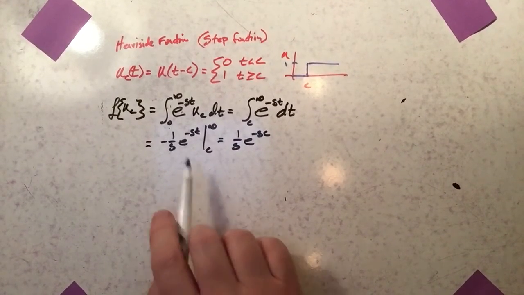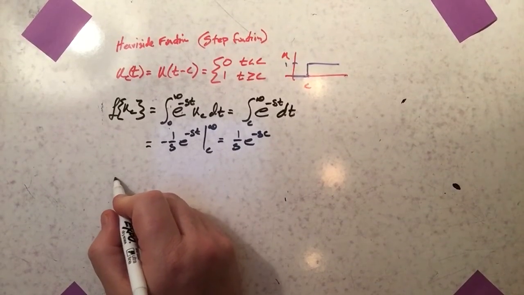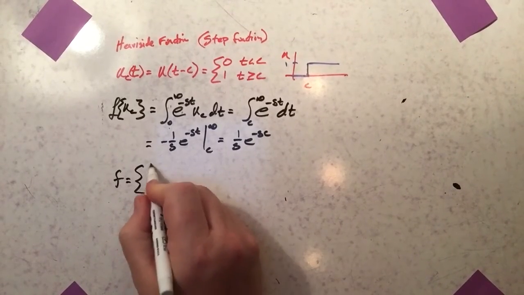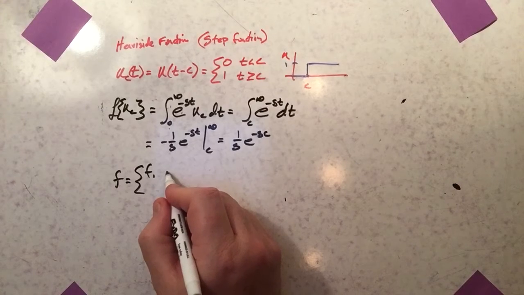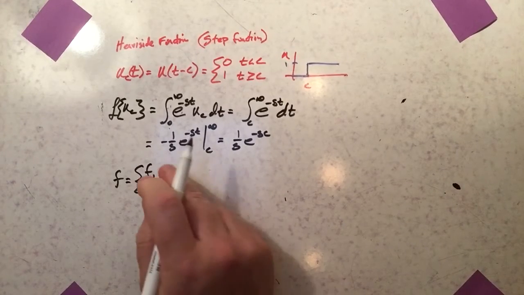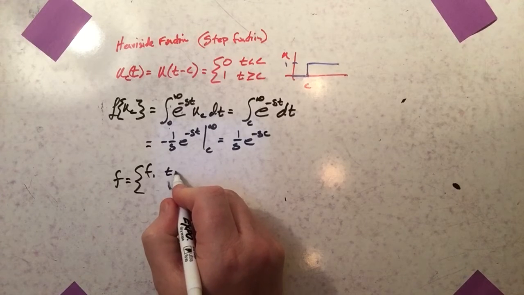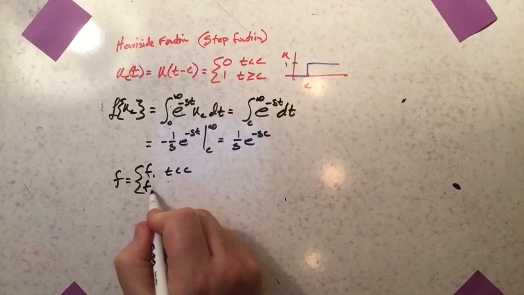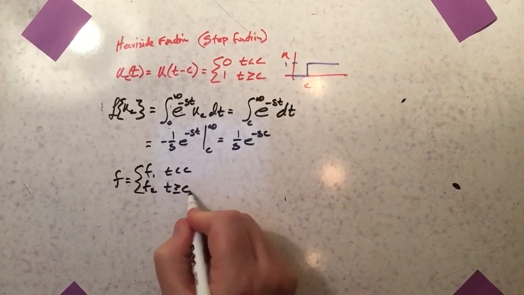Okay? The Heaviside function can be used for a lot of other things too. Suppose I had a function f, which itself was piecewise defined. So it has some value f1 from 0 all the way up to when t is less than c, and f2, so it undergoes some transition when t is greater than or equal to c.